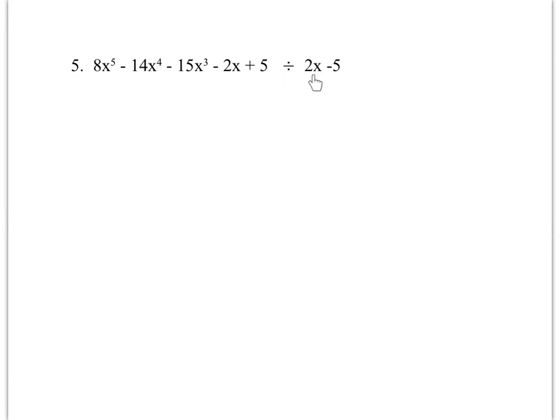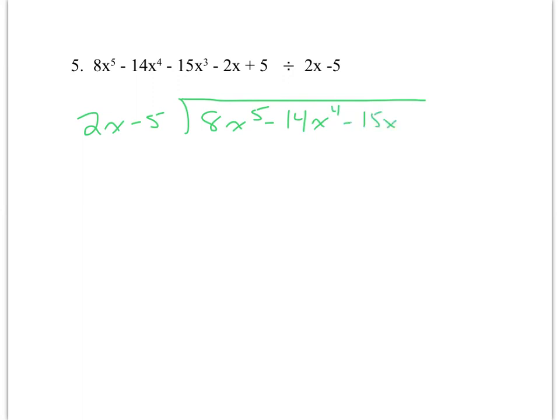So we're going to divide 2x minus 5 into 8x to the 5th minus 14x to the 4th minus 15x to the 3rd.